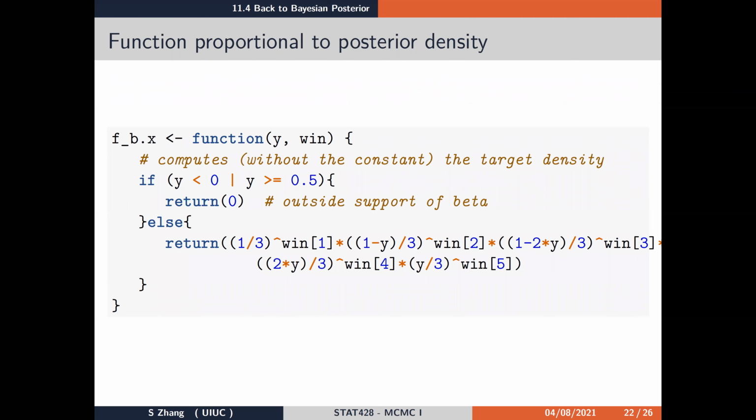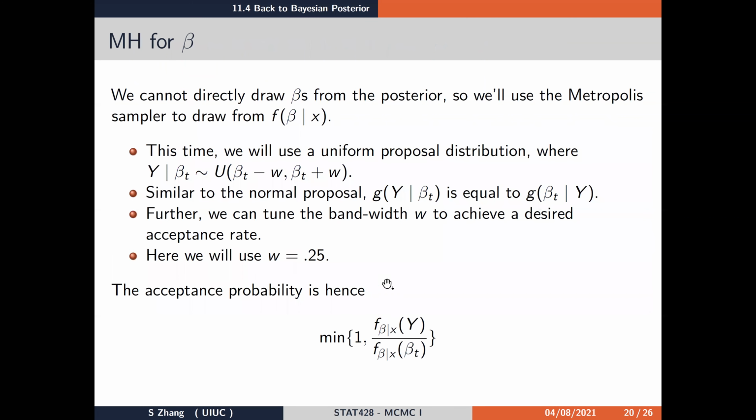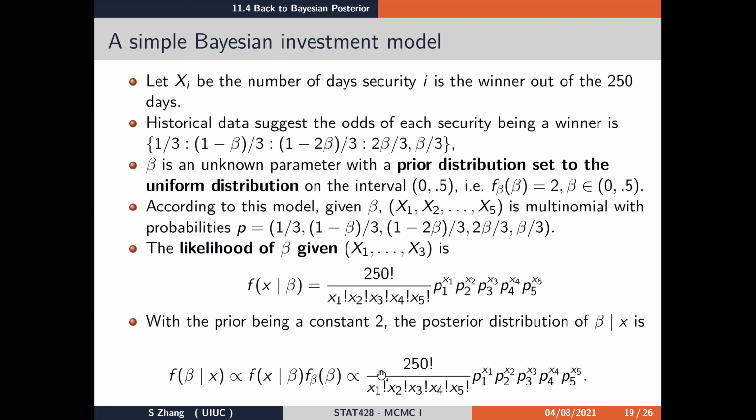Here's a function that's proportional to the posterior density. We know that the posterior density is proportional to this expression over here. Our unknown parameter is beta, so we know that this part, 250 factorial divided by the 5 factorials, can be omitted when we're trying to calculate the ratio between these two, because this is a constant that does not involve beta.